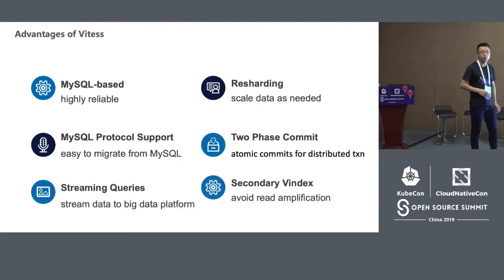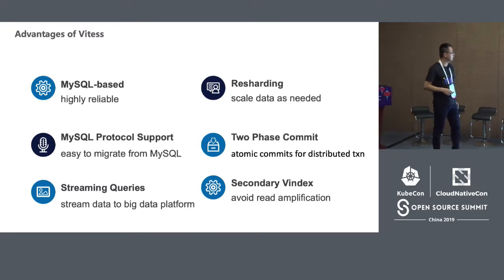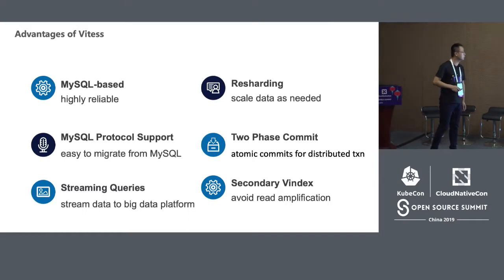We have several factors to consider when we choose Vitess, and there are several characteristics. First is MySQL. It's well proven inside JD.com, and we have a lot of experience operating MySQL.